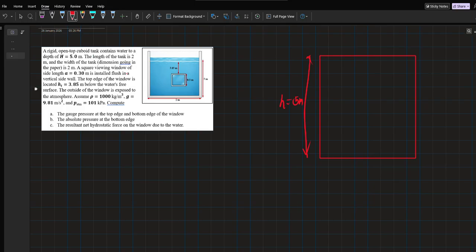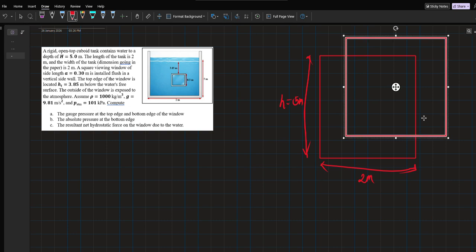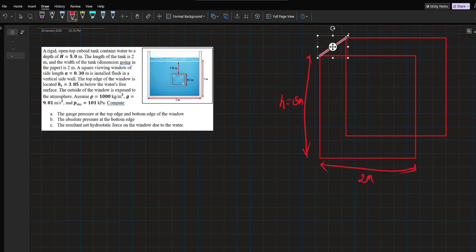Then the length of the tank is 2 meters, and the width is again 2 meters. Since it is going into the tank, it should look something like this, which is not shown in the figure. This is again 2 meters.